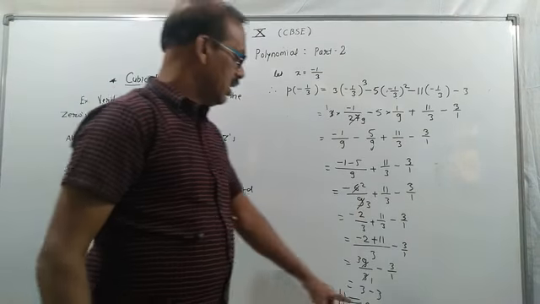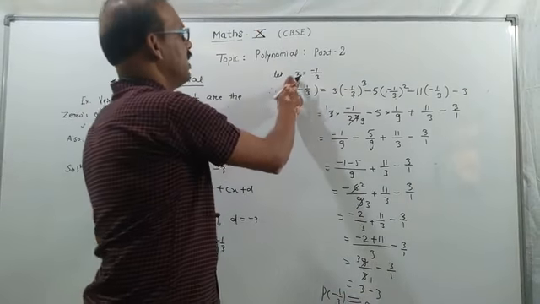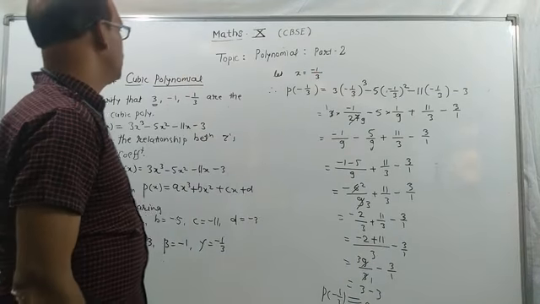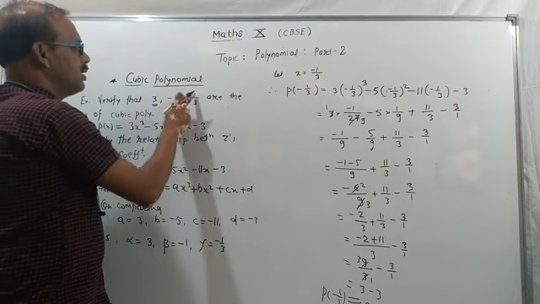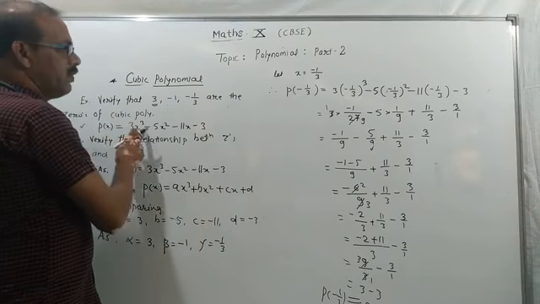Again we get the right-hand side as 0 when we substitute the value of x as minus 1 by 3. Hence it is verified that whatever numbers are given, that is 3, minus 1, minus 1 by 3, all these are the zeros of P of x.